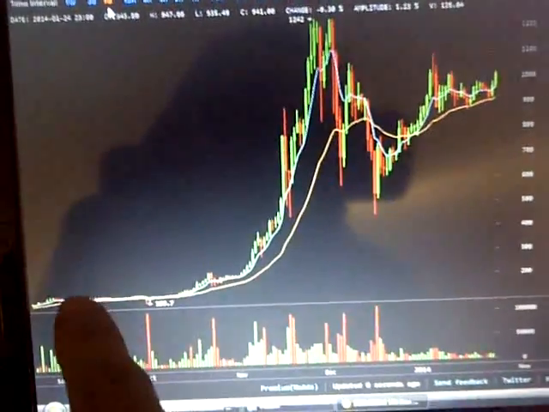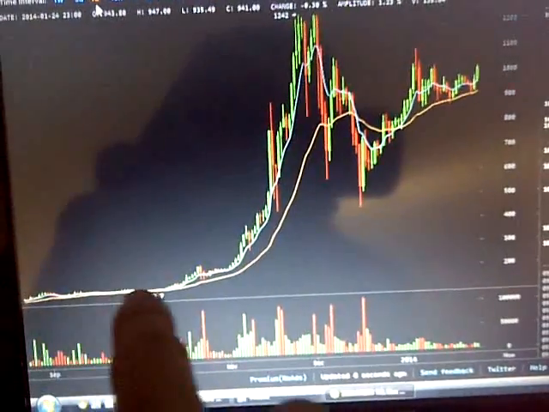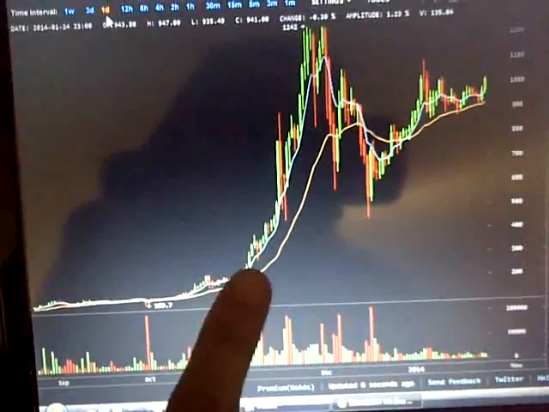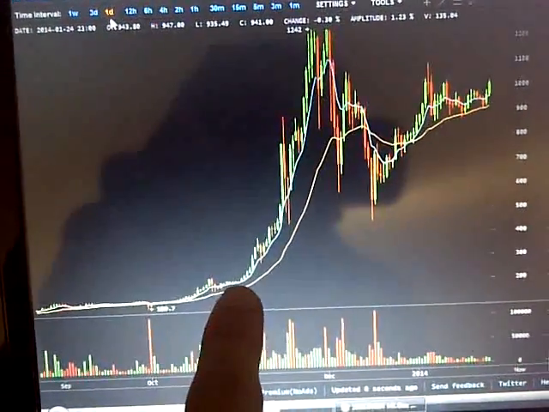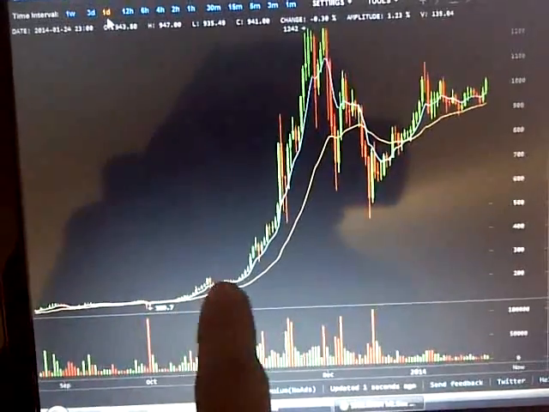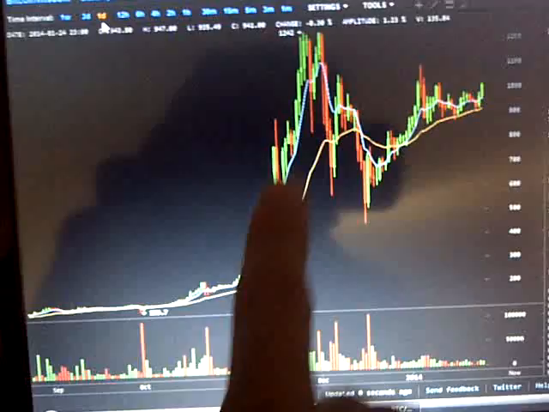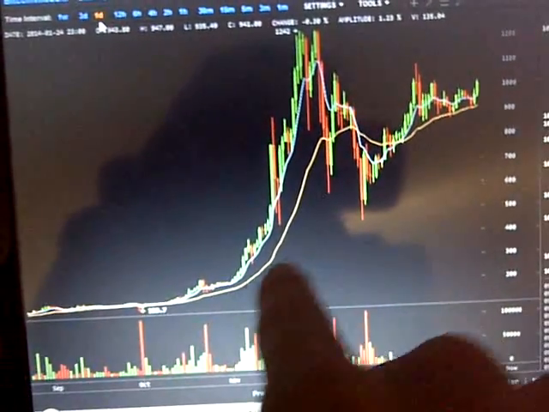Well, see, if you took some lines and you made a channel right here, it's a small channel, but at some point it broke out of that channel. So this would have been a great example of a breakout. That's one hell of a breakout too. Wow. So if you made a channel now, you see what I was talking about.